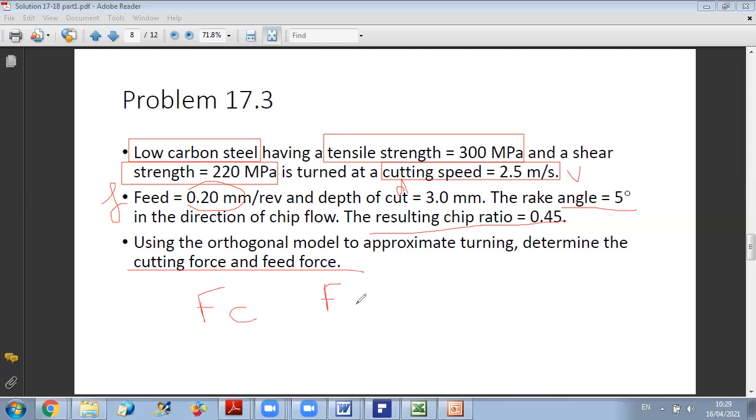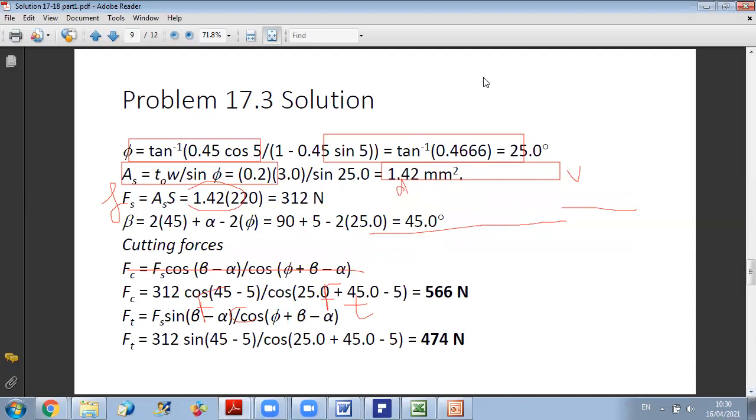Okay. So now the first step is to find the angles that are not given. And here we don't know the shear angle. The first step is to get the shear angle. Since we know the rake angle and we know the chip ratio, we get the value of the shear angle.